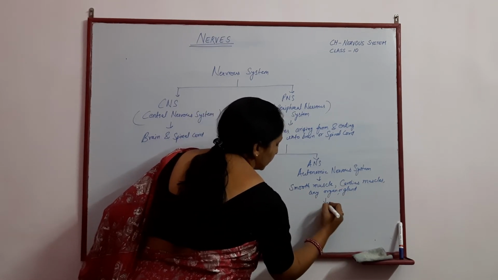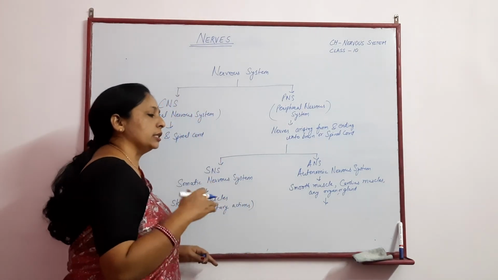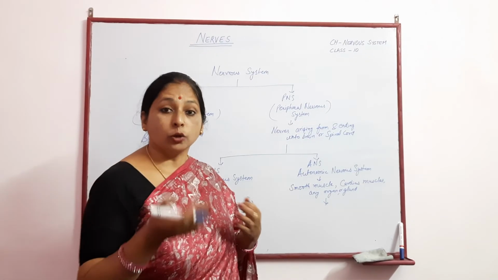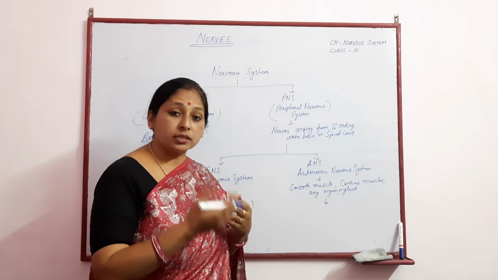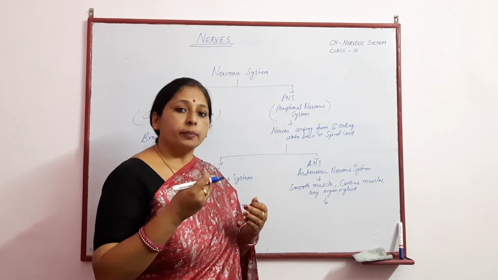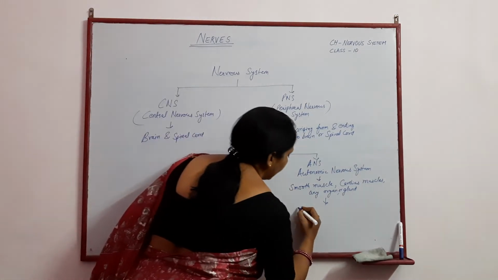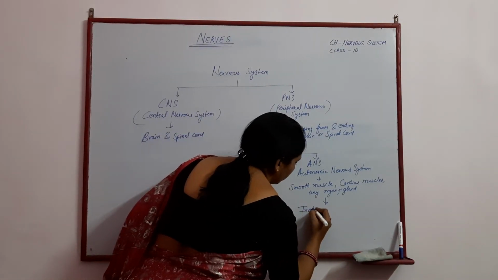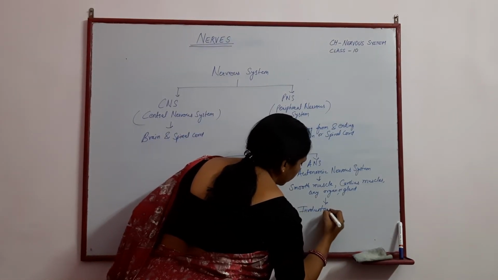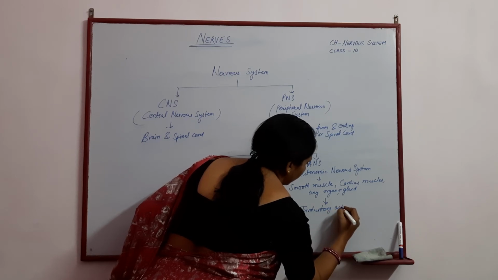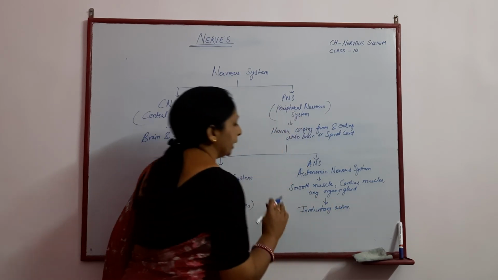Since these muscles, organs, and glands are not in our control, their action is fixed, they perform their action on their own, so they are involuntary. So all the involuntary actions are under the control of the ANS.